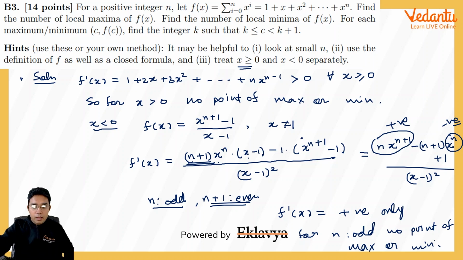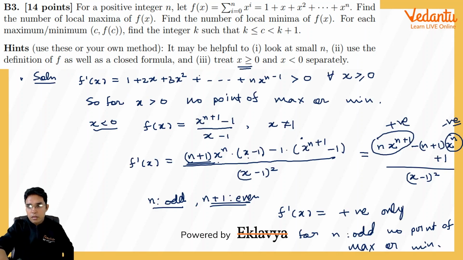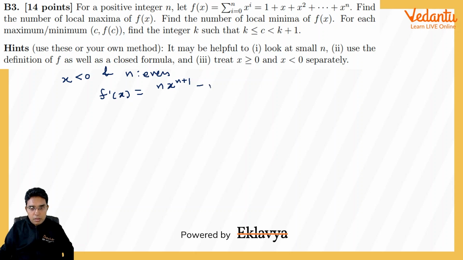Now coming to when x is negative and n is even, I think that is the only thing that is left now. And f dash x, if you remember, it was n into x power n plus 1 minus n plus 1 into x power n plus 1 upon, I think, x minus 1 whole square.